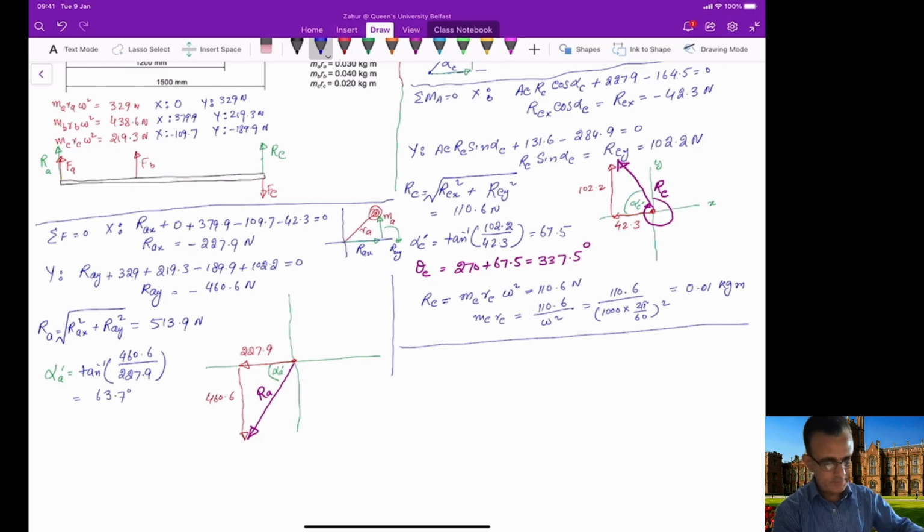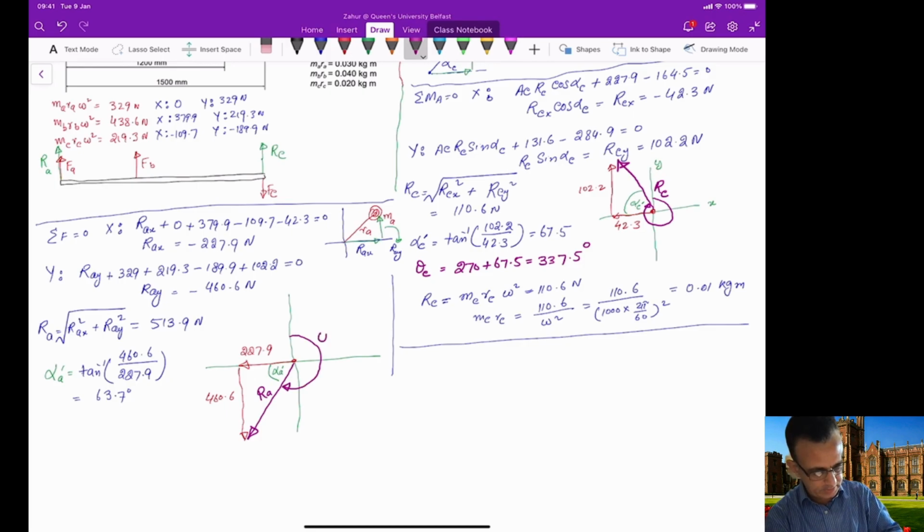This will provide you with the value of 63.7 degrees. But in the question, we were asked to calculate the values with respect to the mass A, and the mass A was in the vertical direction. So you need to calculate this angle here.